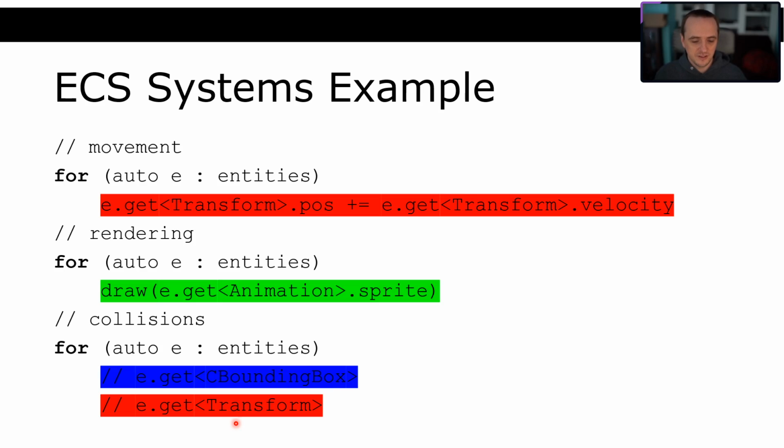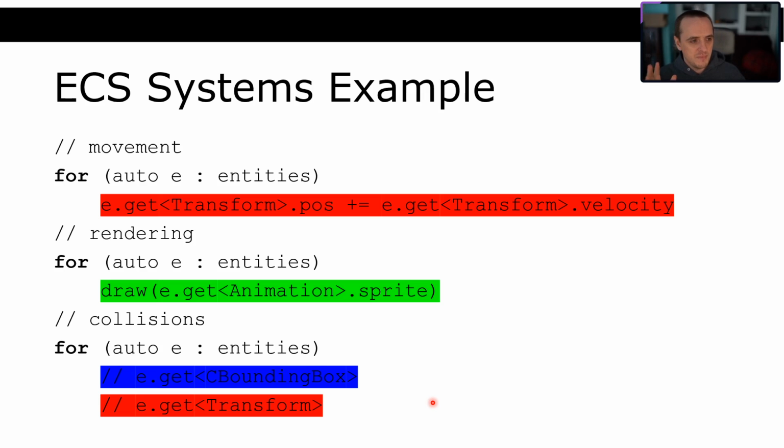So if we look at this now, we look at the access patterns of the data inside the entities. Well, in the movement system, we only cared about one transform, or one component. In another system, we may only care about another component. And in another system, we may only care about one or two components.